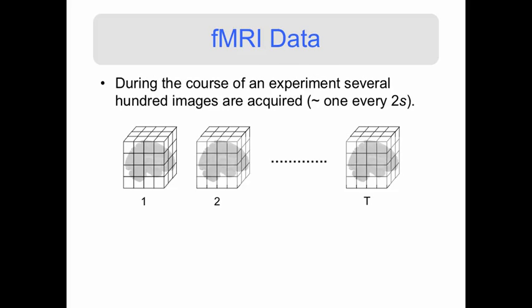So during the course of an experiment, several hundred such images are acquired, roughly one every 2 seconds or so. So basically the data looks as follows. We have 100,000 measurements taken at time 1, 100,000 measurements taken at time 2, etc., all the way up to time t. So basically we're going to have 100,000 measurements taken several hundred times with the temporal resolution of about 2 seconds.